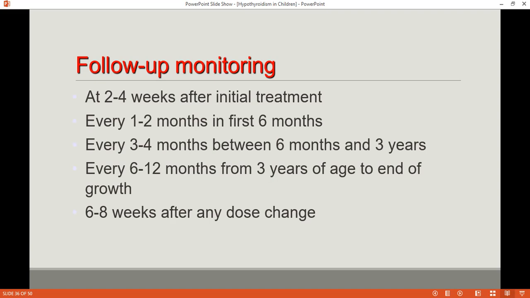Usually the initial dose is high, then we adjust the dose, and if the thyroid function reports are normal, we call for 6 to 12 months follow-up. After any dose change, 6 to 8 weeks is the period to call for follow-up.